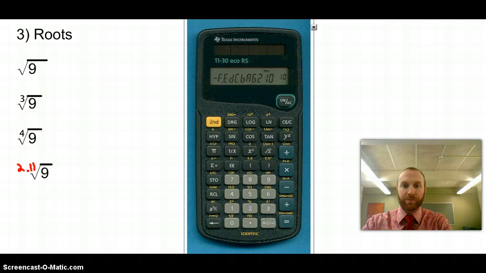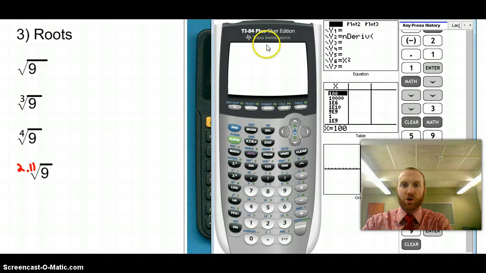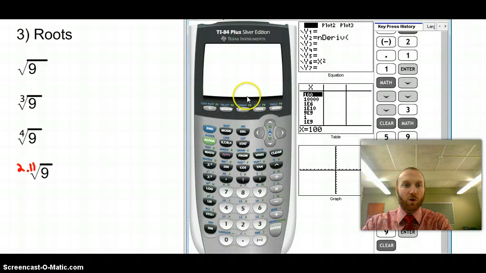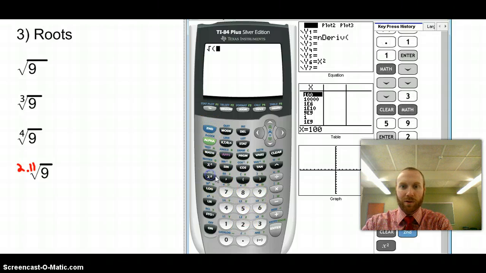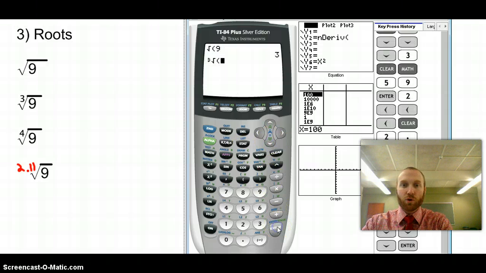So here we go. I guess I start with the answer, but just to show you how I end up doing this, and obviously you are all going to have this calculator at some point. On this particular calculator, I can easily see the square root of 9. That's not a big deal. That's 3. And then if I go to math here, I can find the cube root of 9.